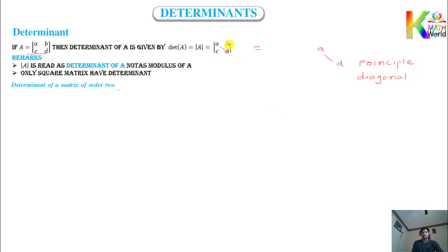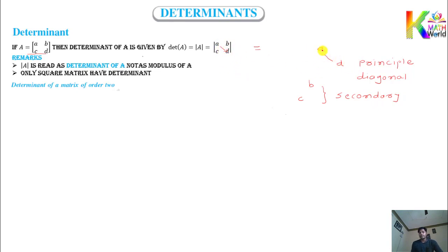While this BC direction is called the secondary diagonal.